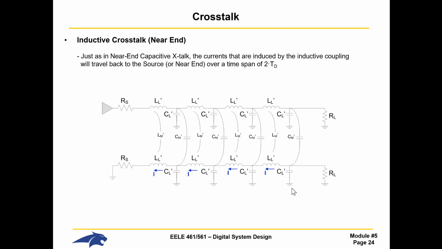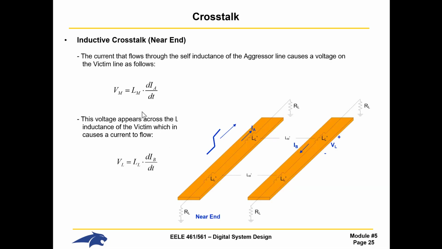Okay, so let's look at the model. We have our LC model of this, and we have our mutual capacitance coupling here, and now we're going to add in our mutual inductive coupling. So you have this little LM in there. The way that mutually inductive coupling works is it's the same equation for an inductor, where the voltage induced across an inductor is equal to inductance times di dt.